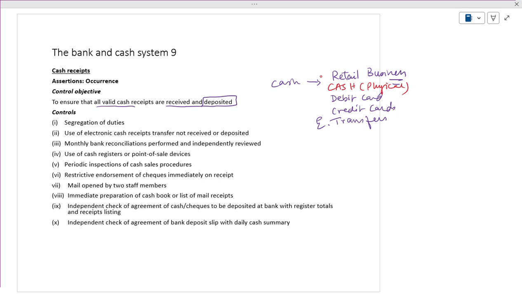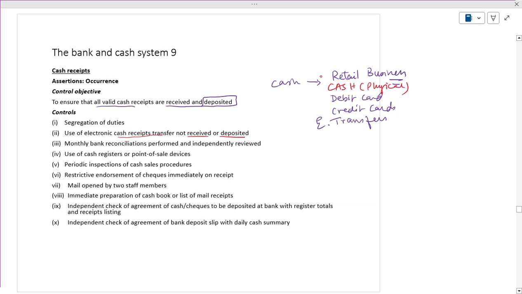Segregation of duties. Use of electronic receipt transfer, not received or deposited.